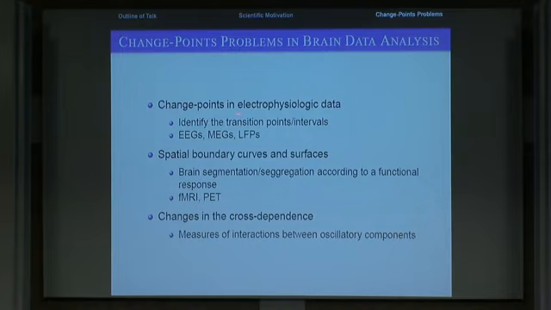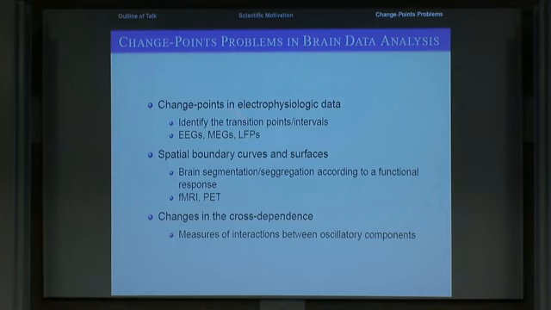EEGs, MEGs, LFPs are data with excellent temporal resolution. You observe a lot of time points here. For example, with LFPs, you may have up to 32,000 observations per second, so that's a bit of an overkill. EEGs, up to 1,000 observations per second, but sometimes they still subsample that.